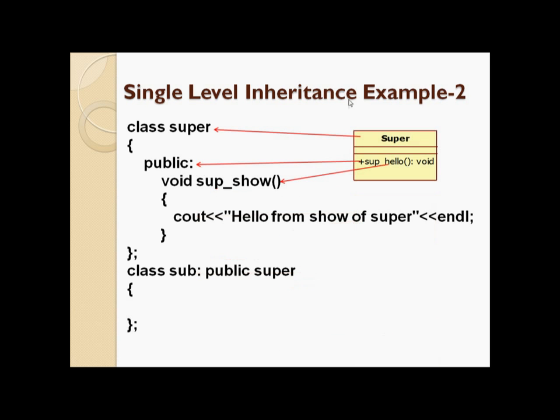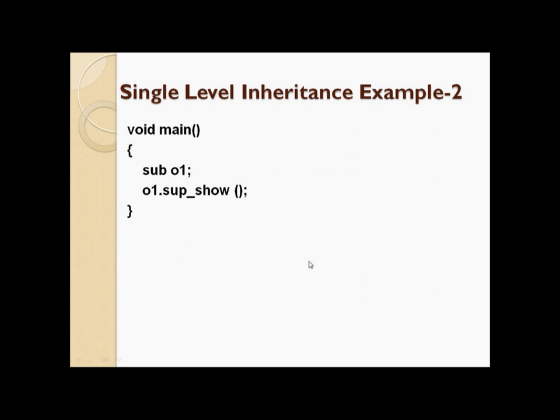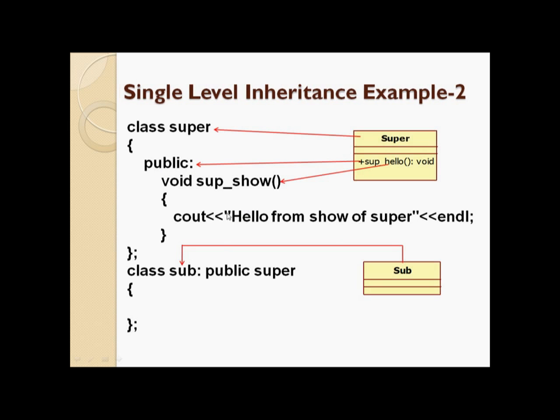Here I have shown with the help of this diagram what we are actually doing in this program. Then in the main function, we can declare the object of the new class. New class is sub. So O1 is the object of this new class, and using this object, we are acquiring the features of the old class, that is class super.